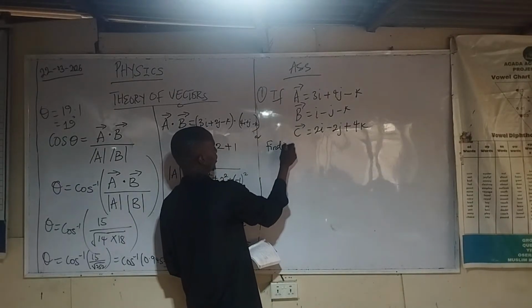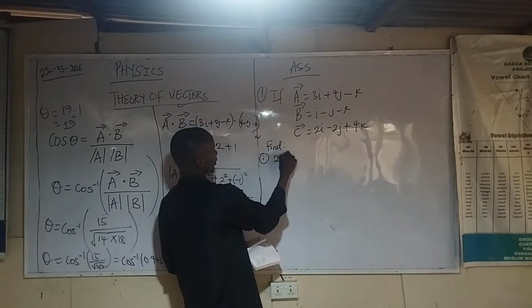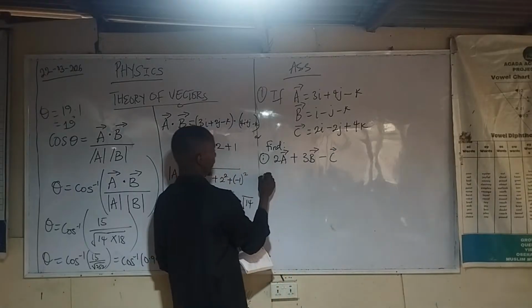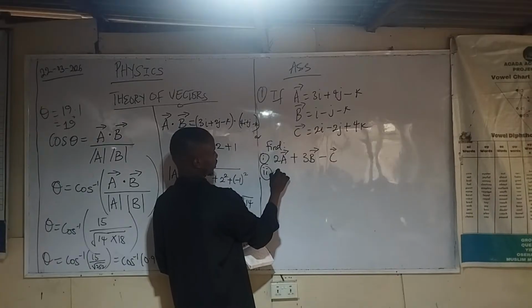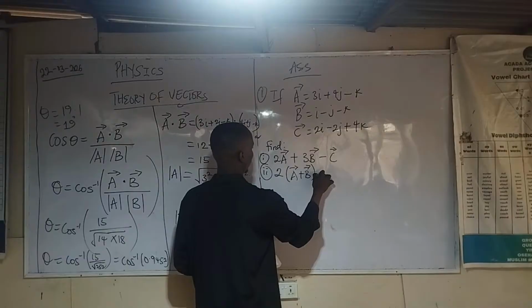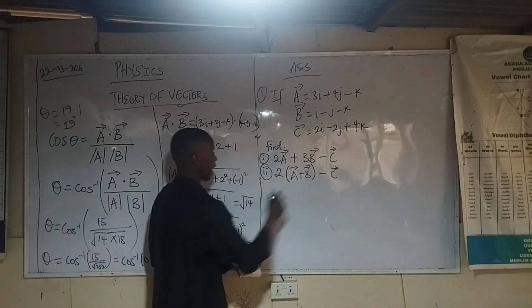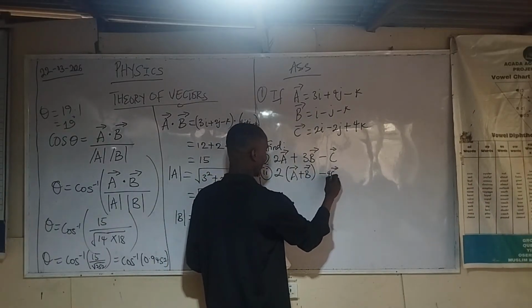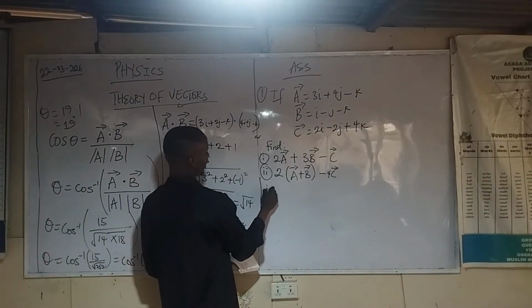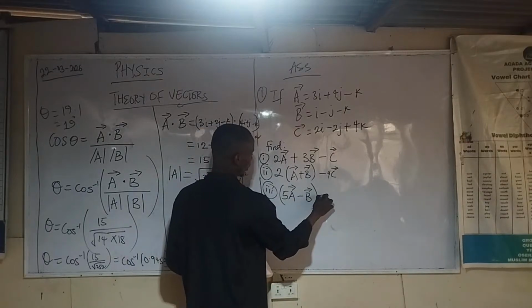Find: 2A plus 3B minus C; 2 into brackets A plus B minus C; 4C minus 4C; 3, 5A minus B dot C.